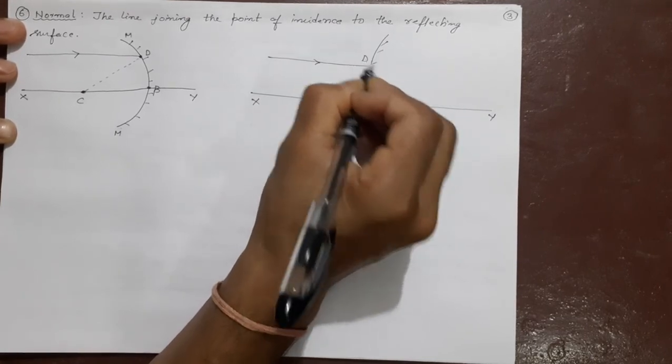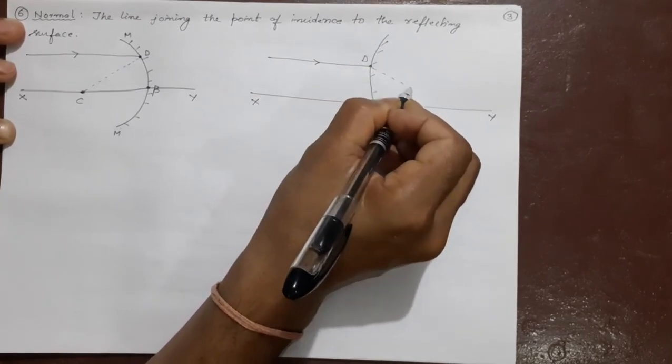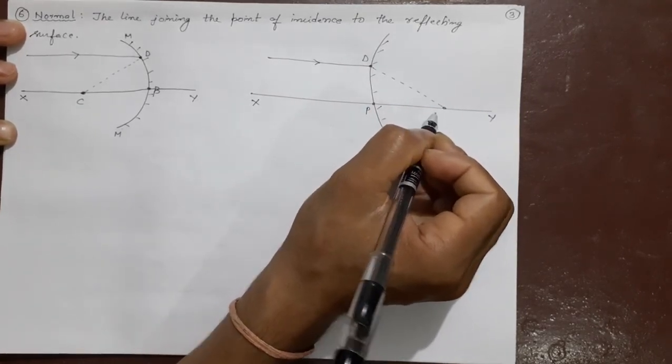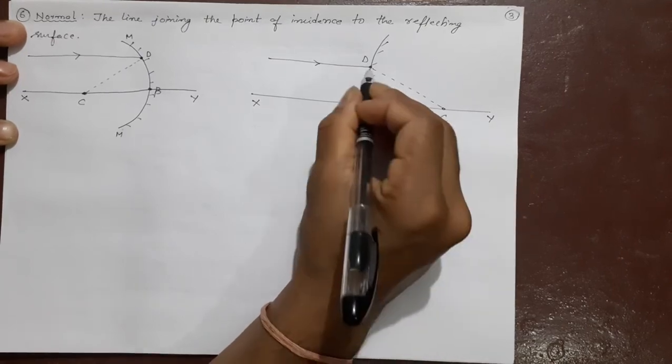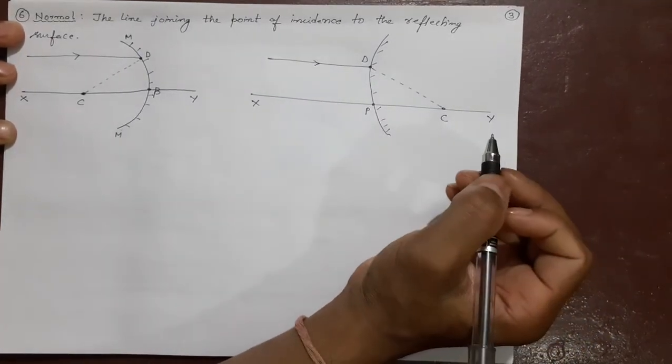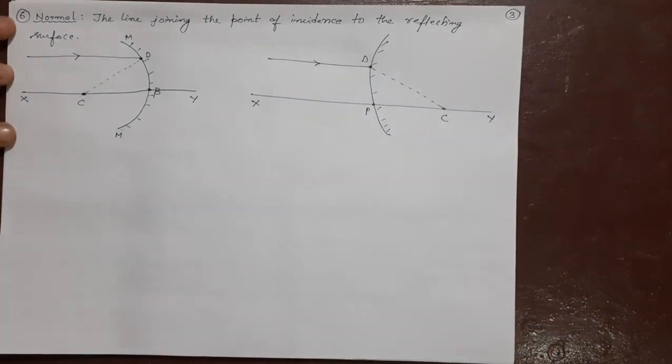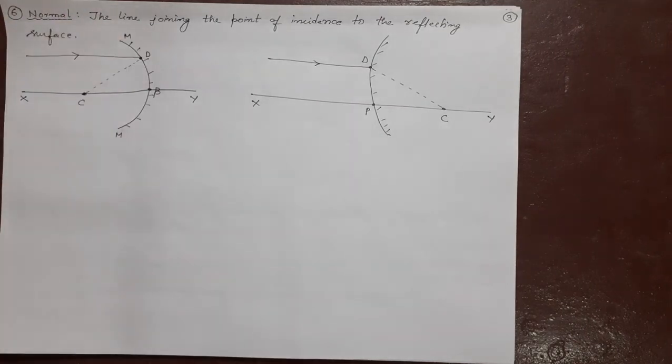From here it is D, and this will be your center C. So this DC is your normal line. It is the perpendicular line. So now this is the introduction for your normal line. Till now what you have done, remember: aperture, pole, radius of curvature, center of curvature, and normal, and one more is there, principal axis also.